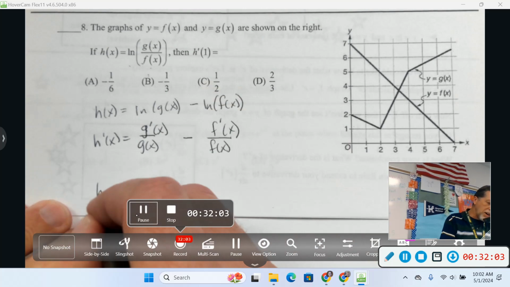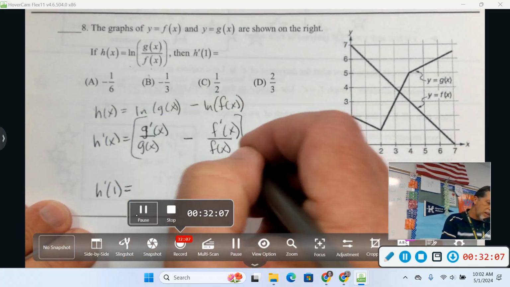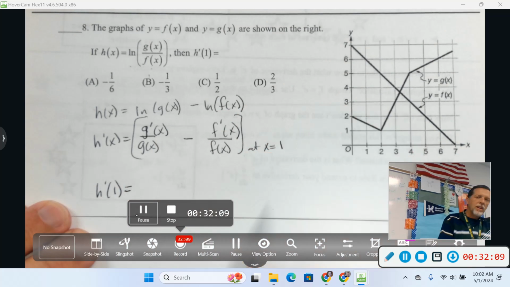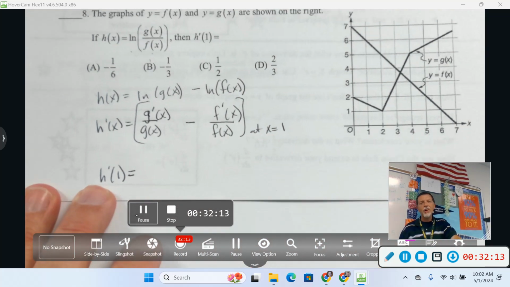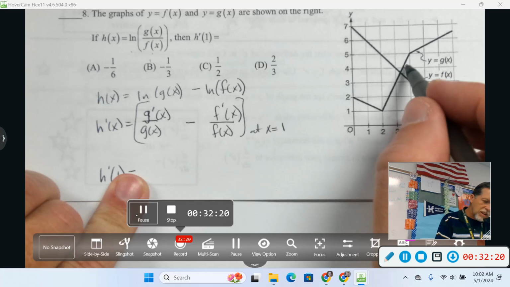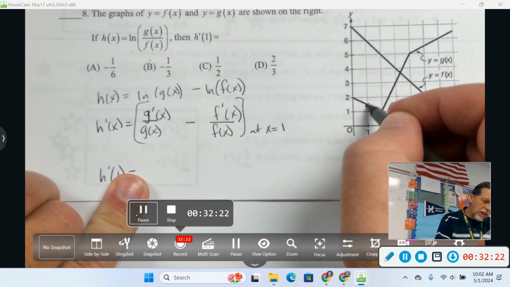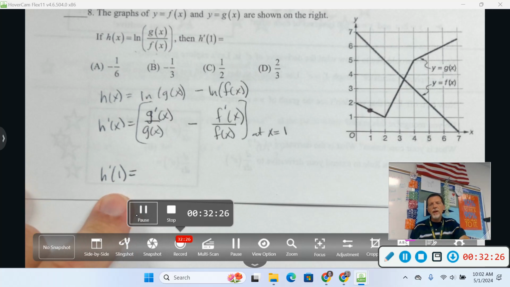So at 1 means I need to plug 1 in everywhere. I don't really want to write of 1 4 different times, so I'll just say all of that at 1. G prime at 1. What's g prime at 1?